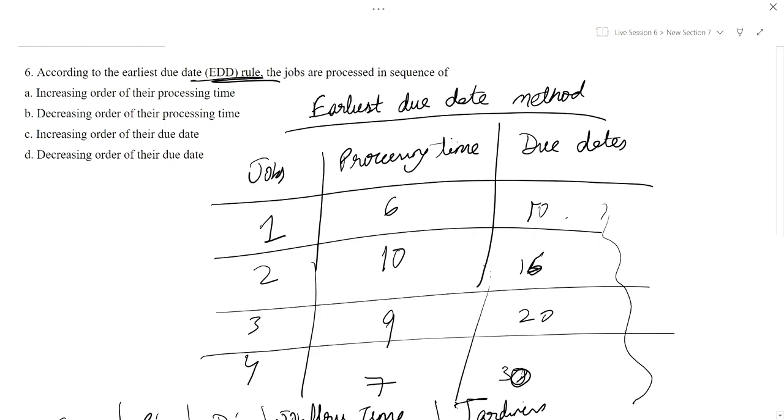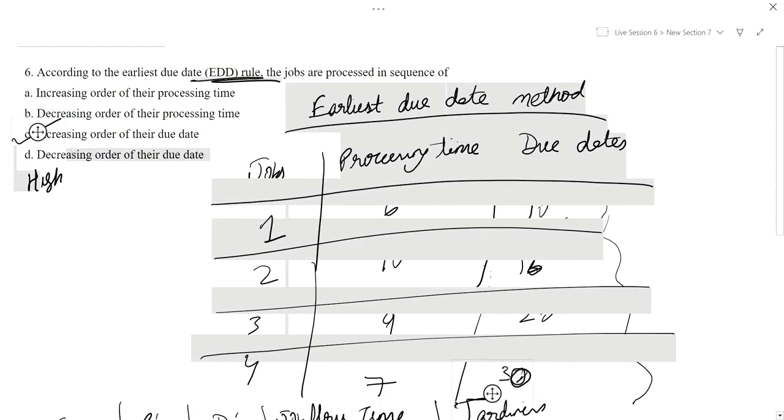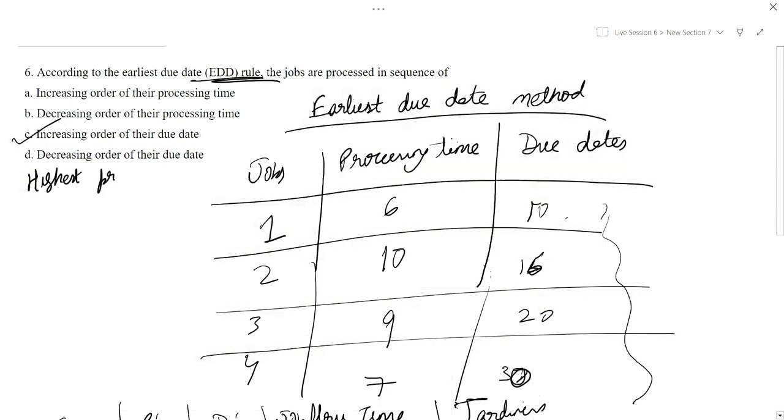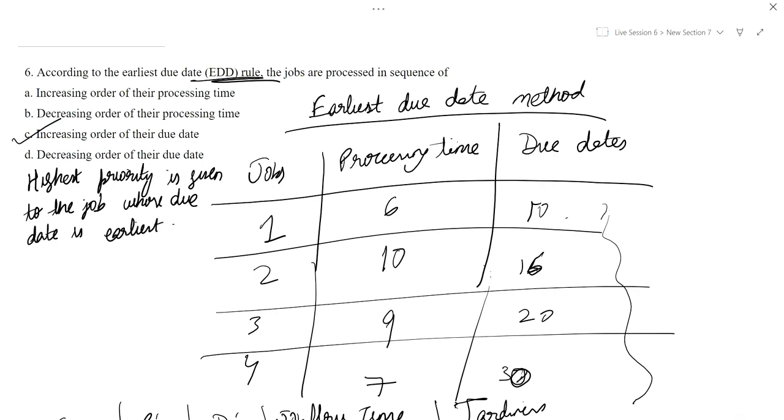So now according to the question, the jobs are processed in sequence of increasing order of their due date. The correct option is this: highest priority is given to the job whose due date is earliest.